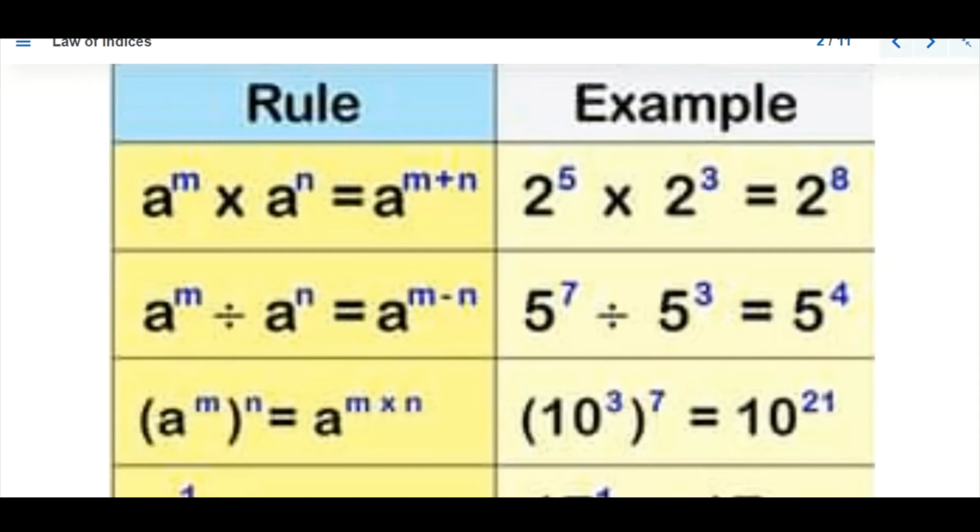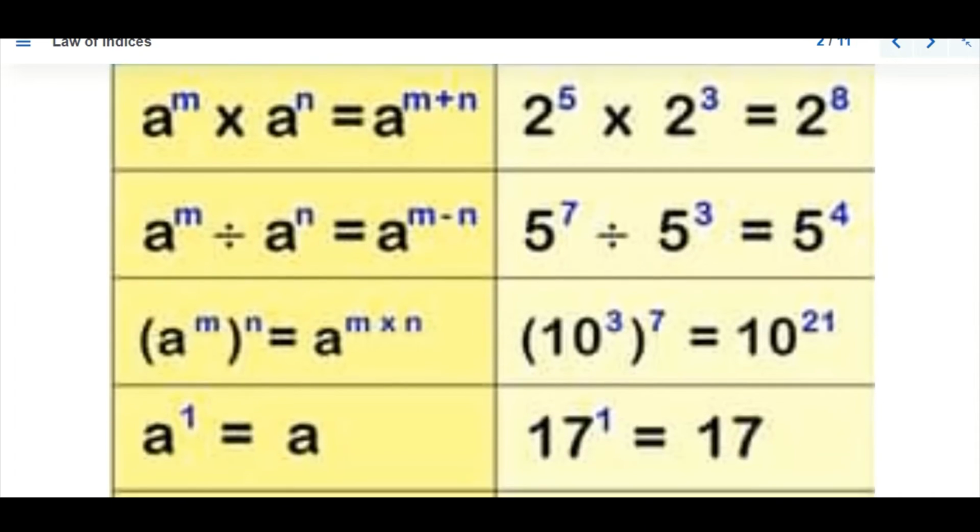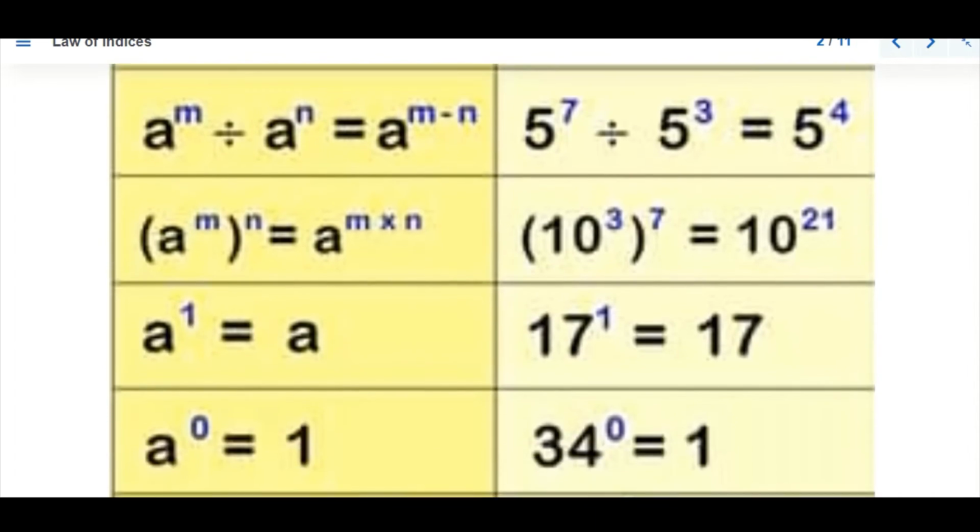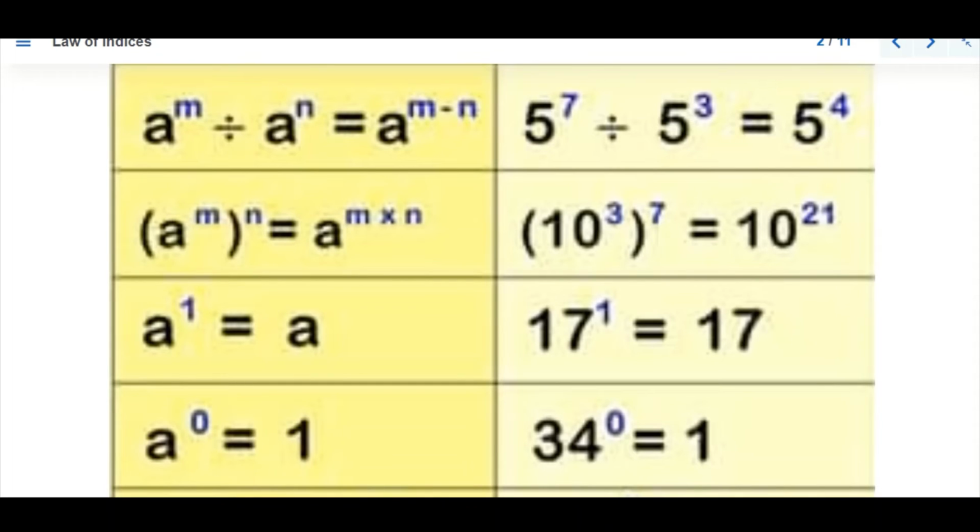So that implies that whenever we are having indices, multiplication changes to addition and vice versa, division changes to subtraction and vice versa. If we have a base number and an index number of this form, a raised to power m in brackets raised to n, then we multiply these powers, and we have a raised to power m multiplied by n, as expressed here.